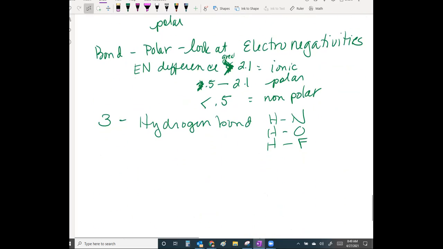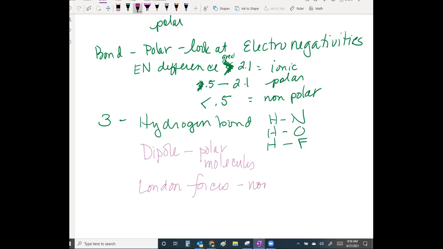Okay, the next kind is dipole-dipole. Dipoles are polar molecules without hydrogen bonding. And then London dispersion forces are in all molecules, but they are the only ones in nonpolar molecules.